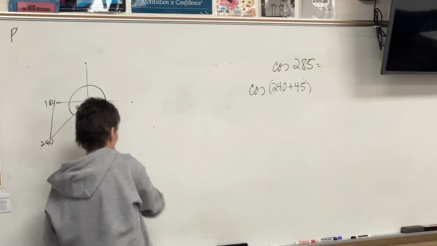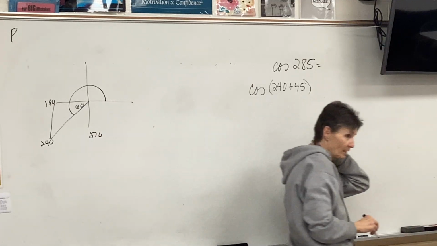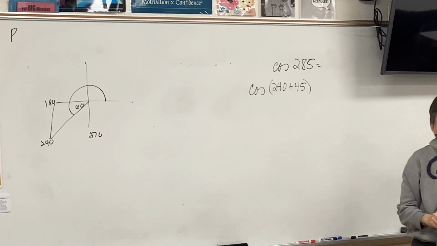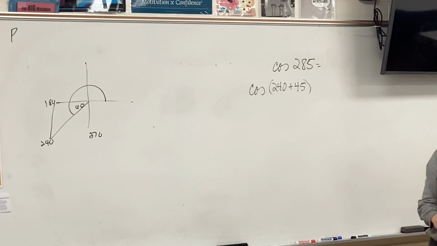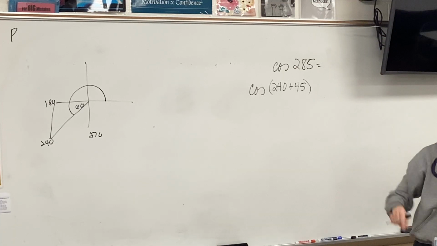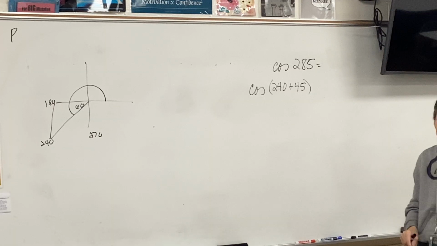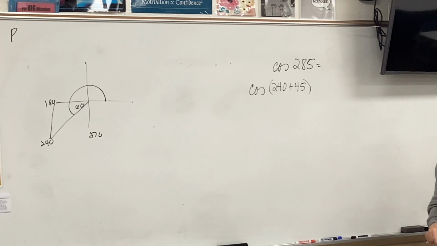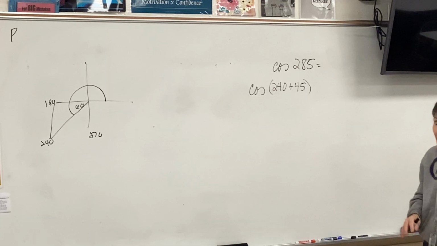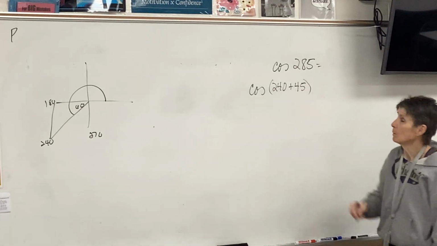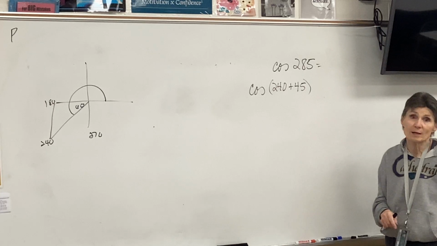That's a 60-degree angle down there in quadrant 3. That's why it's special. It's a 60. Remember, there's a 60 in every quadrant. There's a 30 in every quadrant. There's a 45 in every quadrant. You have those numbers written down on your sheet, or at least you could. And those are the angles that we're using when we have to find the cosine of something like 285.